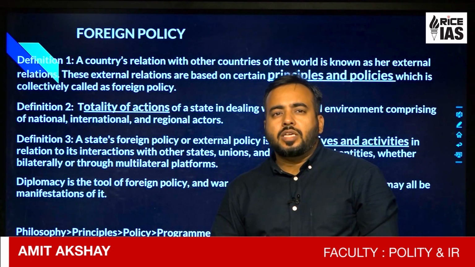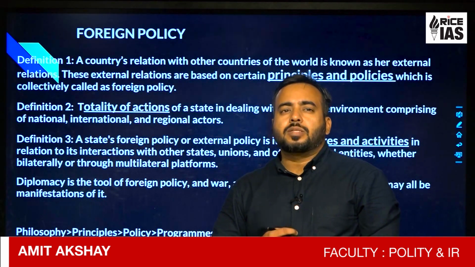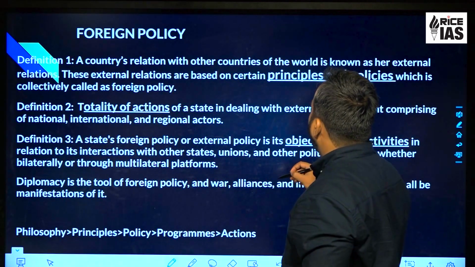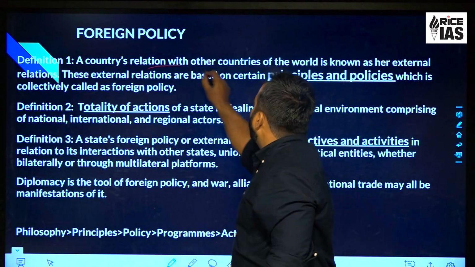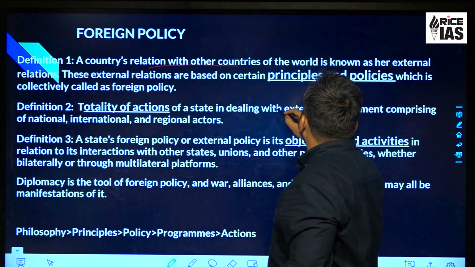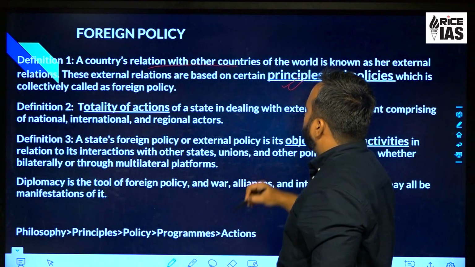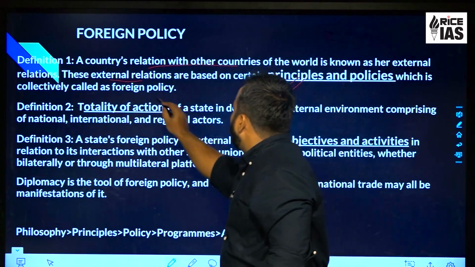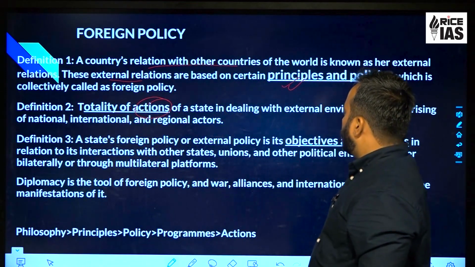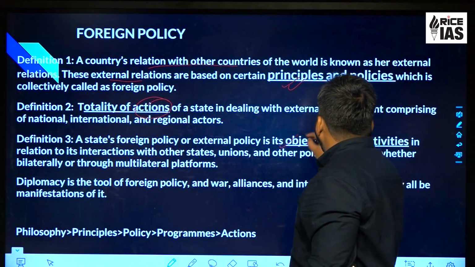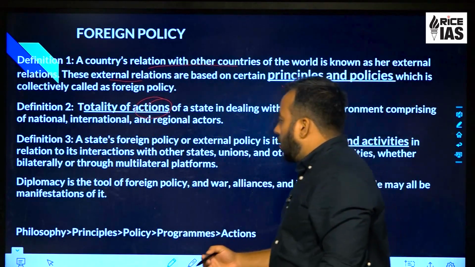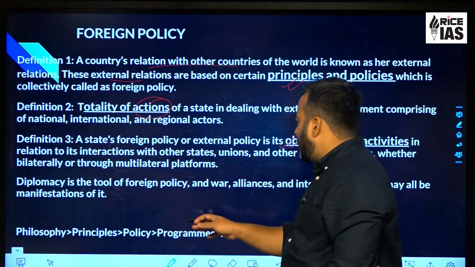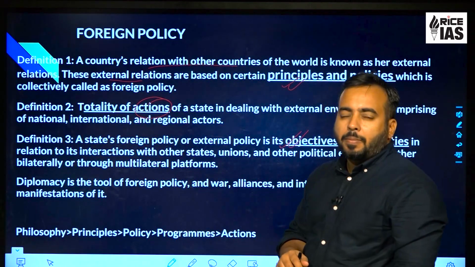So, let us look at certain keywords which help us understand foreign policy in relation with other countries, of course. Principles and policies, external relations, totality of actions, objective and activities.